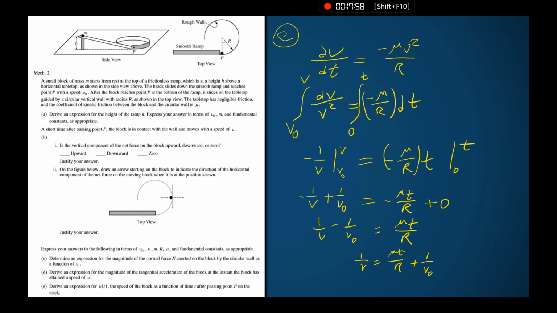Okay, let's get this into a common fraction first, and then we'll flip it. So therefore v is equal to, okay, that should work.